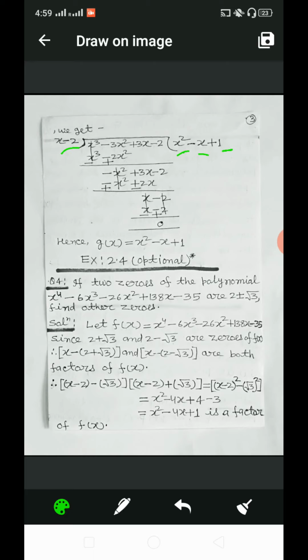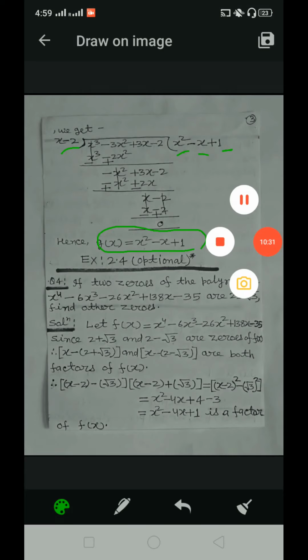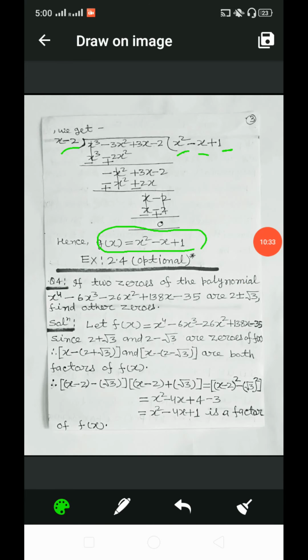After changing the sign we get minus x plus 2 and the remainder is 0. Hence g(x) is equal to x square minus x plus 1.